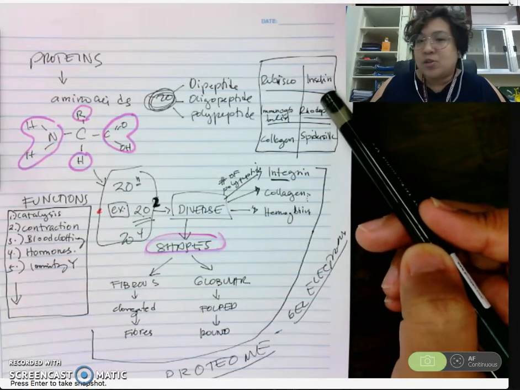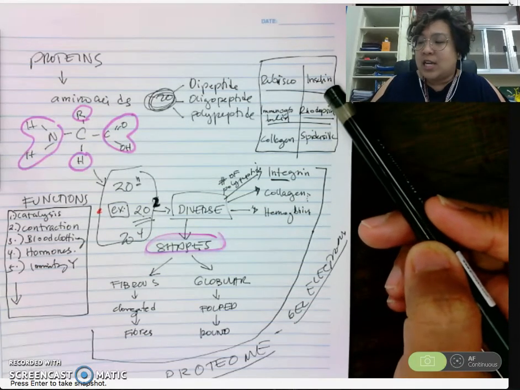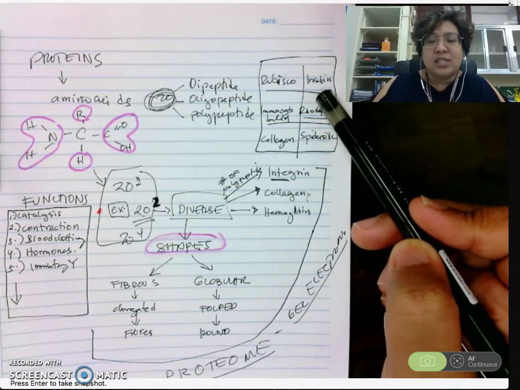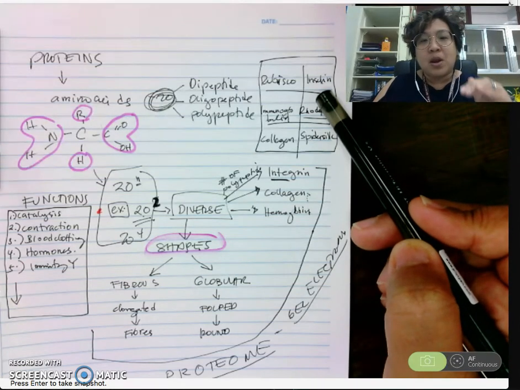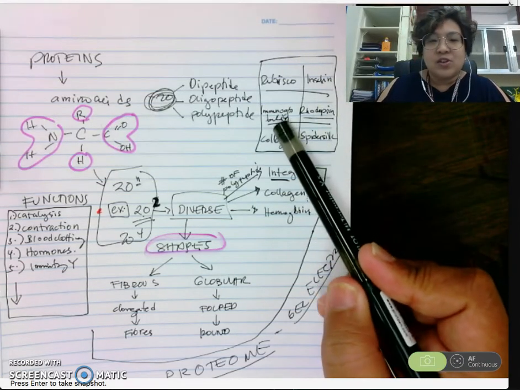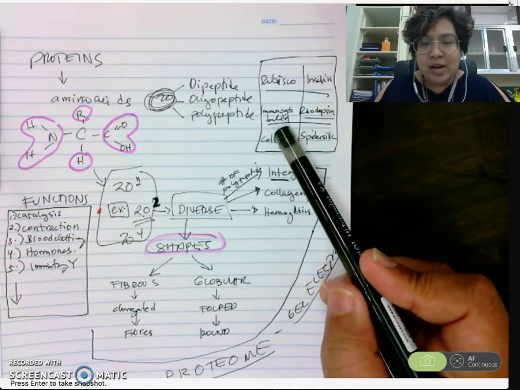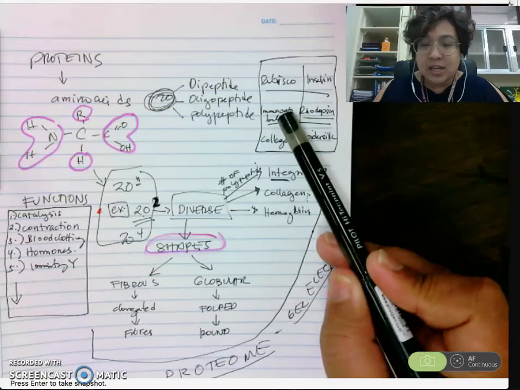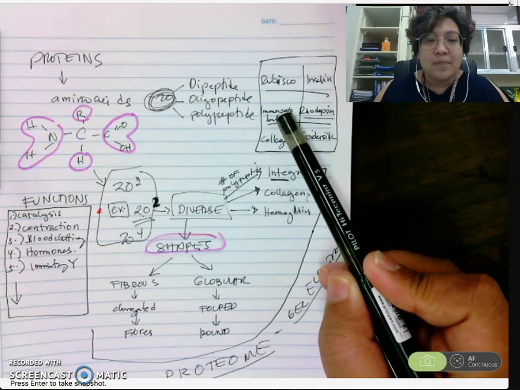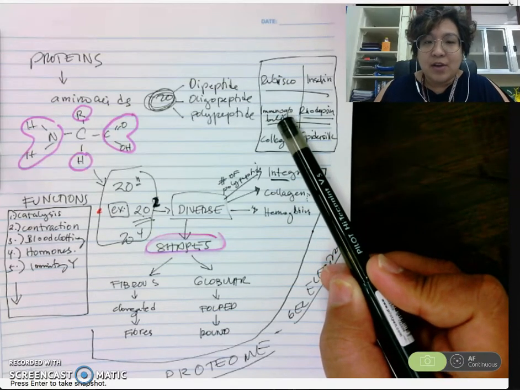This hormone is a protein molecule that is released by your pancreas, goes to your liver to signal your liver to take in glucose, to help lower your blood sugar level. Third one is your immunoglobulin, also known as your antibodies, which I just mentioned here. These antibodies are protein molecules that combat bacteria and viruses.